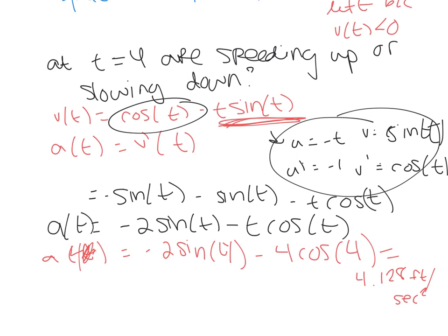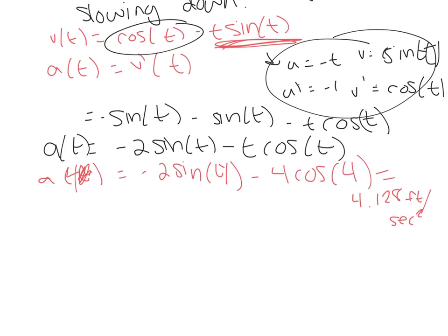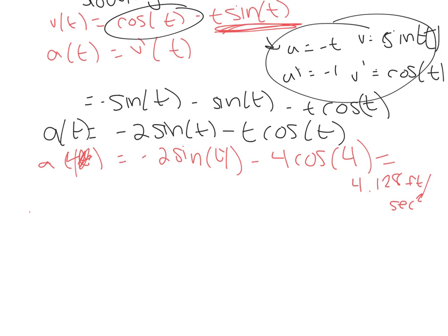So I'm going to scroll up a little bit more. So my velocity at 4 would be cosine of 4 minus 4 sine of 4.